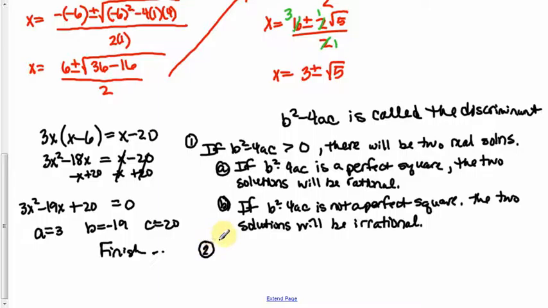The second case is if b squared minus 4ac is less than 0. So if the discriminant, which is the value that's underneath the square root, is less than 0, that means it's a negative number, then there will be two imaginary solutions.